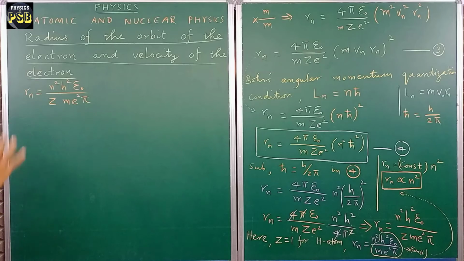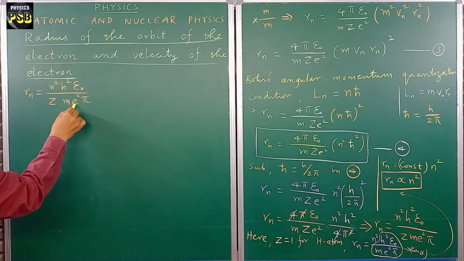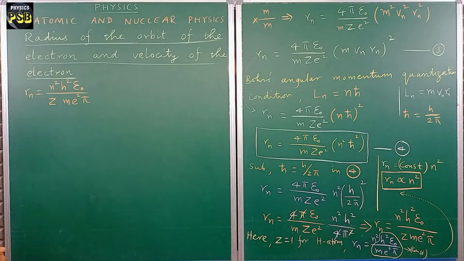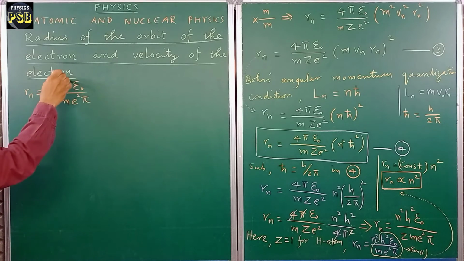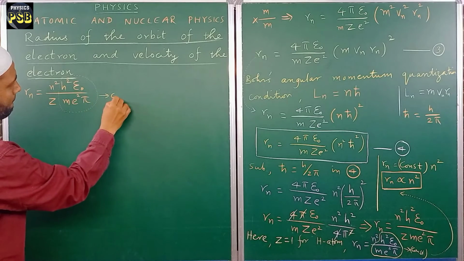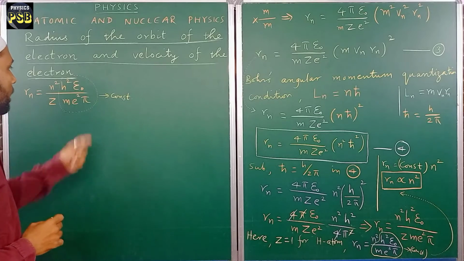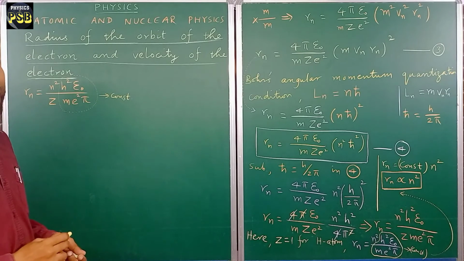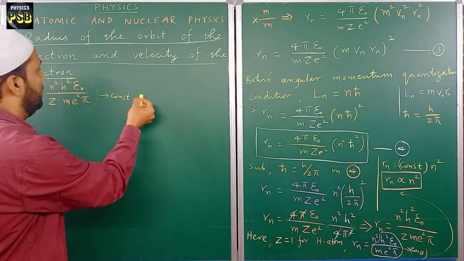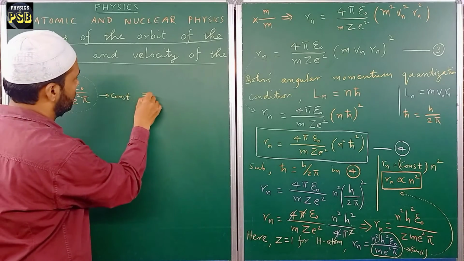Now if you look at this equation, you will find that here h, epsilon naught, m, e and pi, these are all constants. I represent this constant by the letter a naught. So I get this equation.